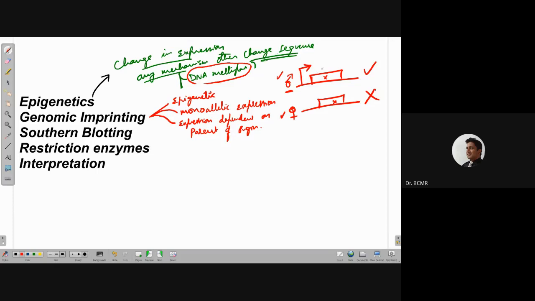What does it mean? It is monoallelic because there is expression from only one of the alleles, and all the time only the paternal gene X is expressed, and the maternal is repressed.